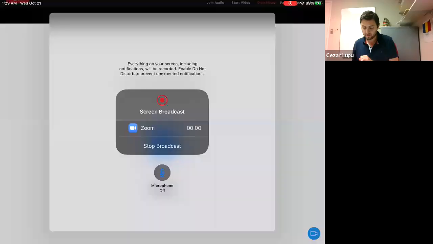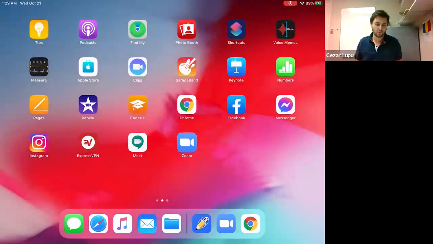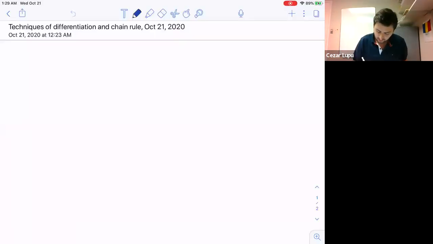I'm going to start with something easy first. So we will learn how to find the derivatives of some easy functions, some easy rules first. As you can see in the title, it is techniques of differentiation and chain rule. I would like to do that separately, but in the same lecture.